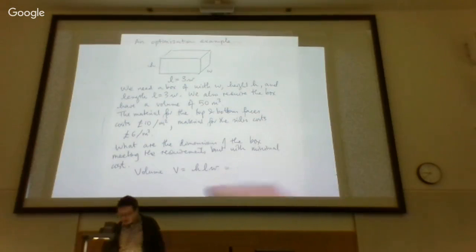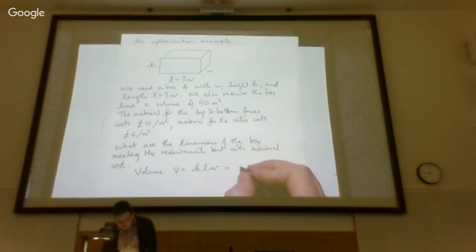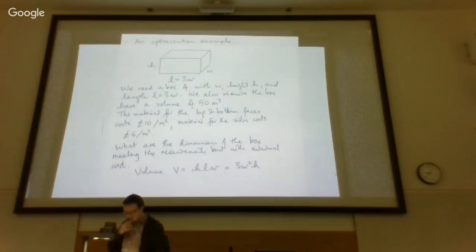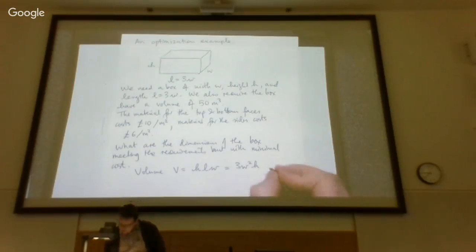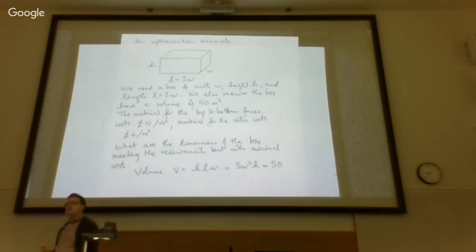Now, of course, we have the constraint that the length has to be 3 times W. So that means we can represent the volume as 3 times W squared H.